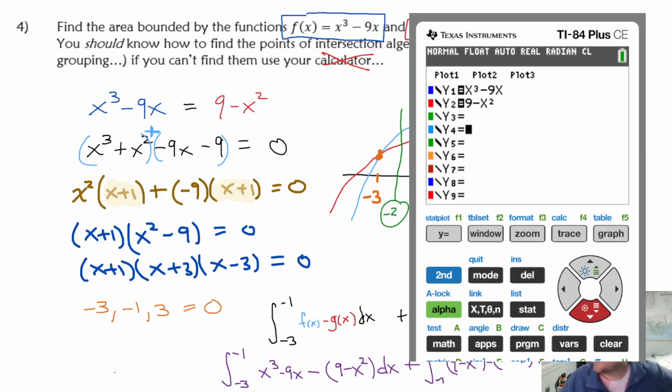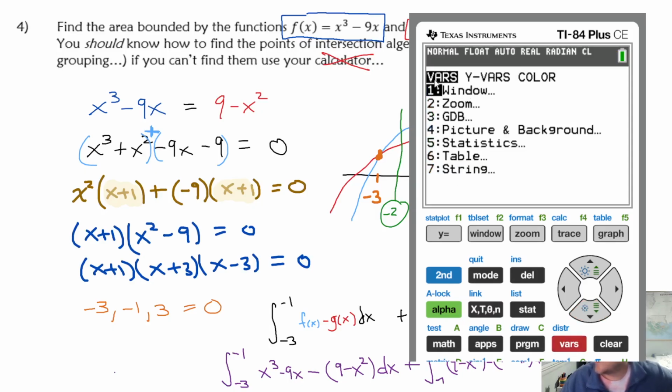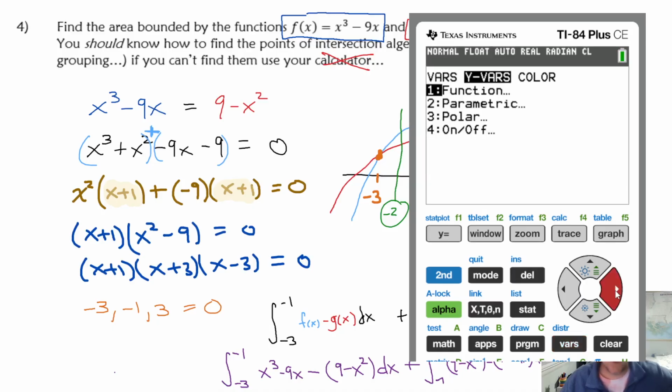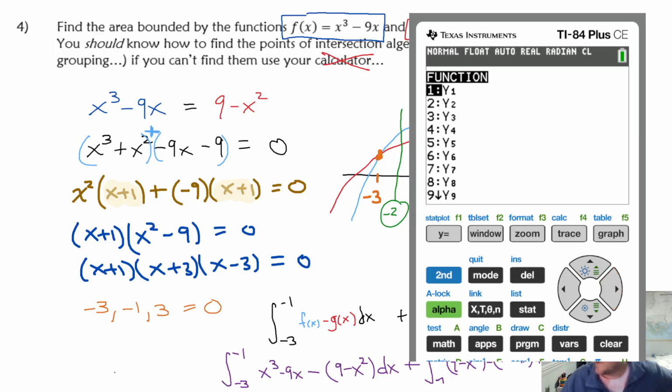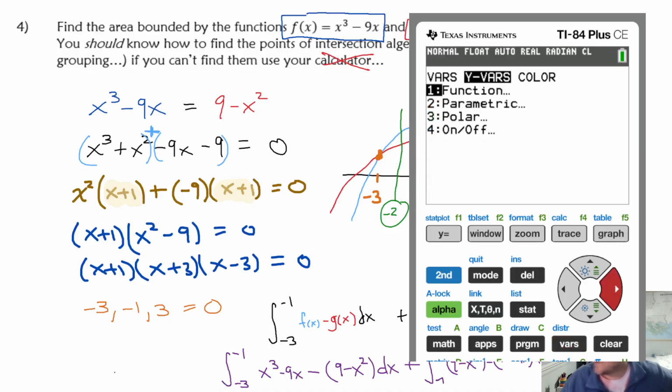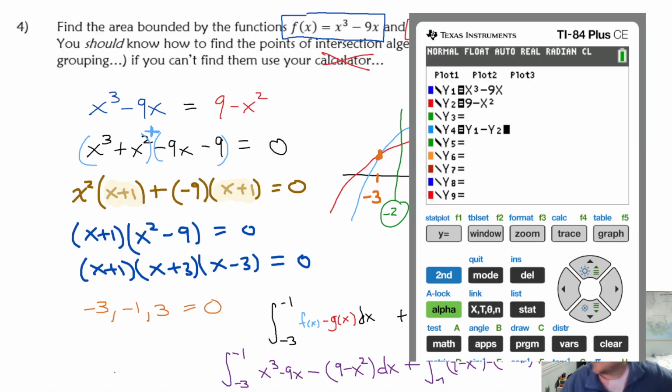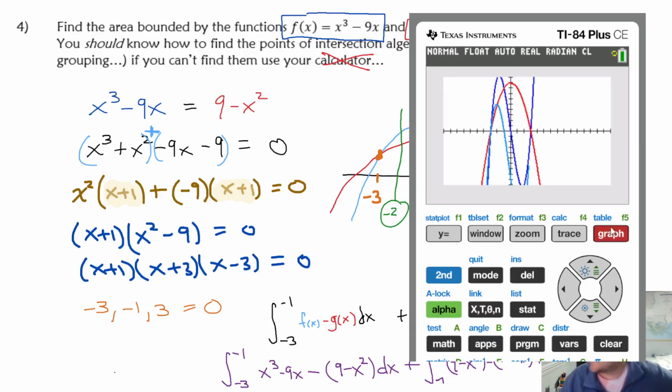You're pressing that. So vars. And then you go to the right to get to the submenu yvars, and then you want a function variable, so press enter on that and choose y1. Maybe I'm about to do this backwards, but that's okay. Now go minus and do it again and go vars, yvars, function vars, and choose y2. And I'm now doing blue minus red. And blue minus red is what I wanted for that first interval, right? The one that goes from -3 to -1.